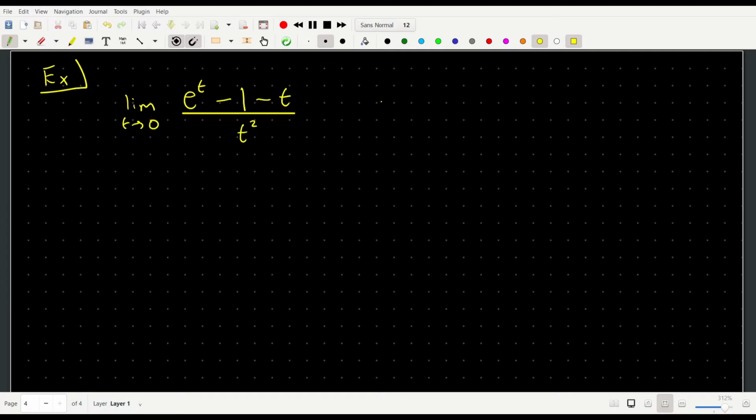This is going to yield a 0 over 0 indeterminate form. It's very important that you do not write that this limit equals 0 over 0, because that would be mathematically incorrect. 0 over 0 is an indeterminate form, and as such, it only makes sense in the context of the limit that you're evaluating.